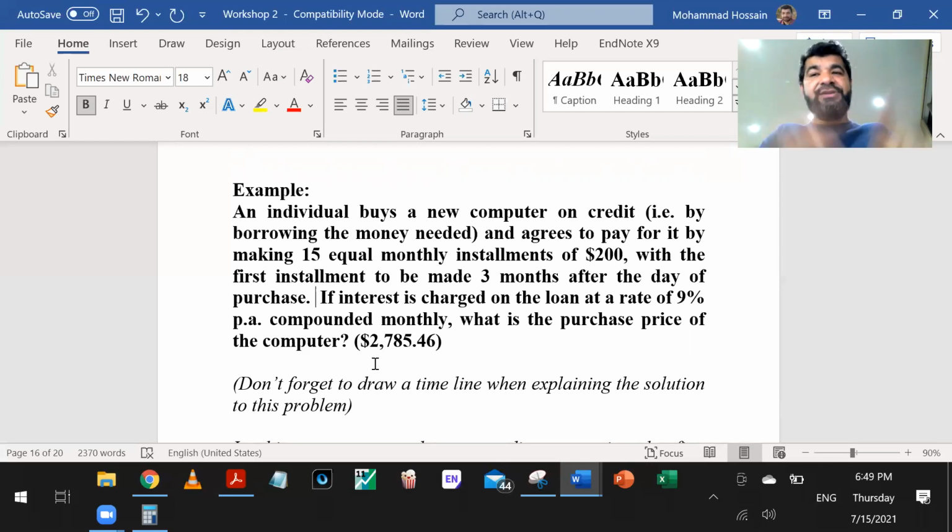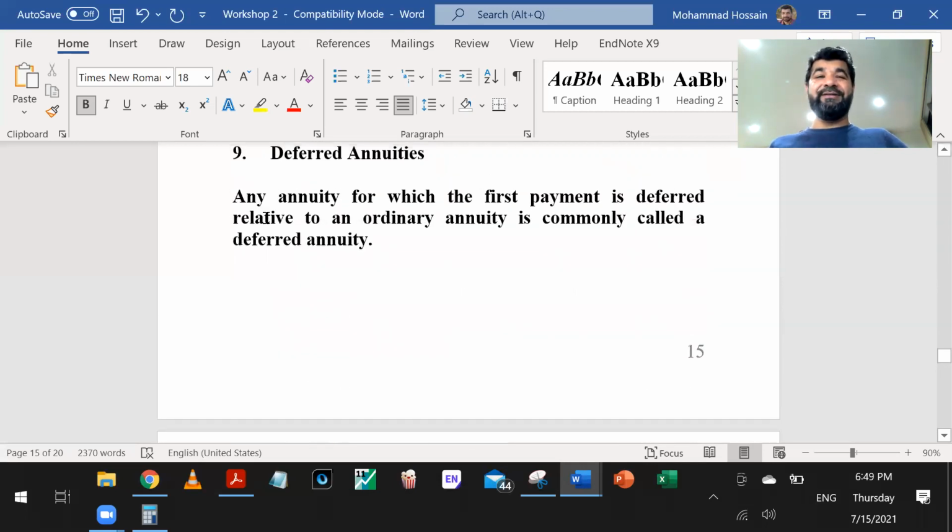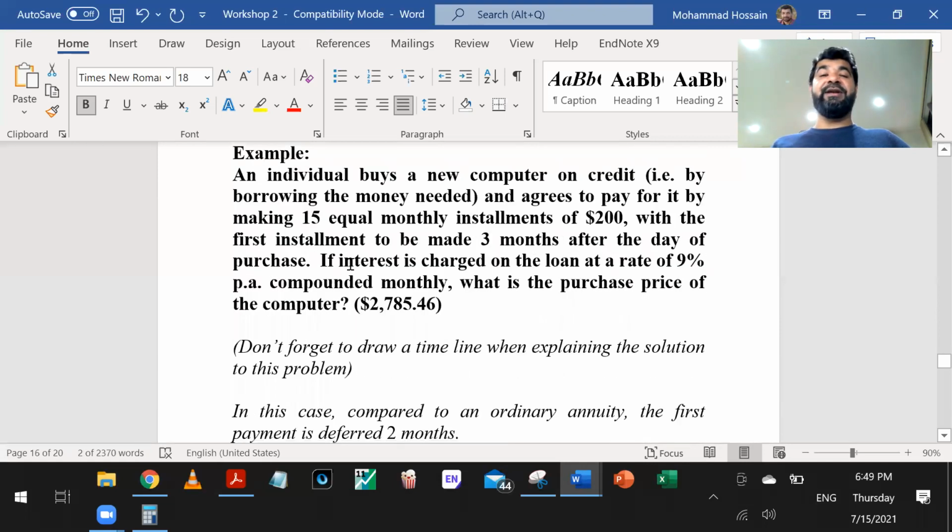But in this case they said, no, I want to make the payment starting from the 3rd month. Make sense? That's why you call it deferred. The first payment is deferred, and it is an ordinary annuity. It means they start the payment in the 3rd month, 3 months after the day of the purchase.